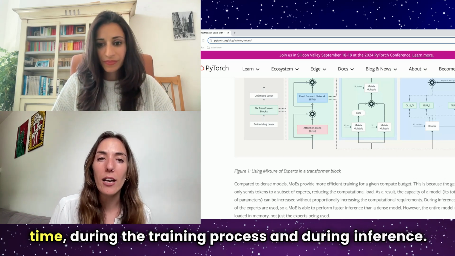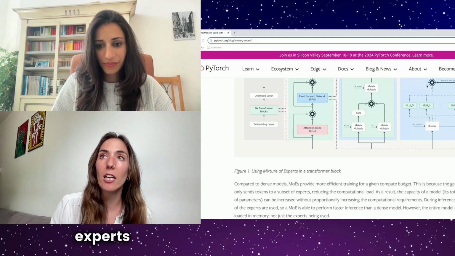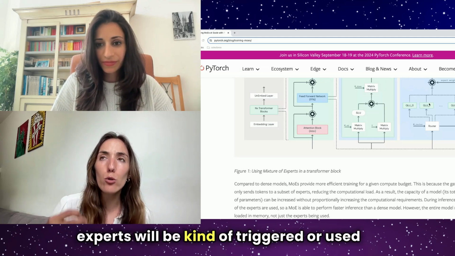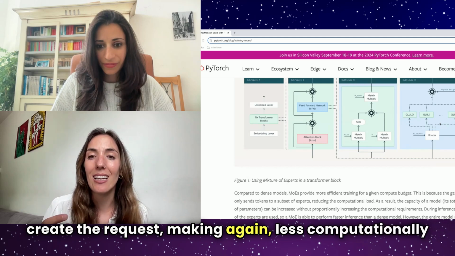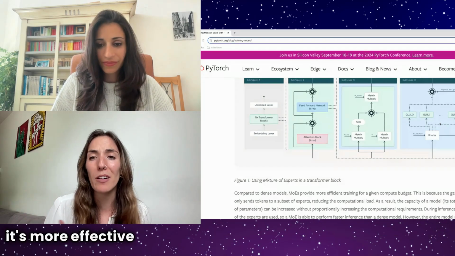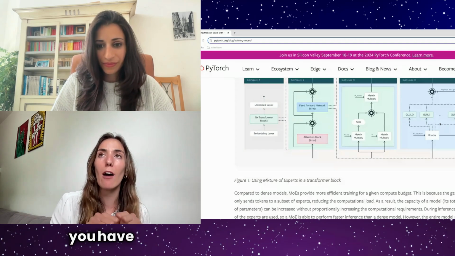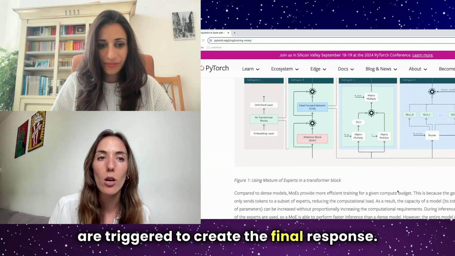And during inference, when you get the request, only some of these experts will be triggered or used to create the response. Again, this is less computationally expensive, a more effective architecture in terms of inference, because you have a lot of parameters, but only some are triggered to create the final response.